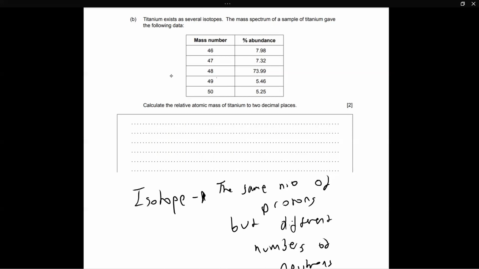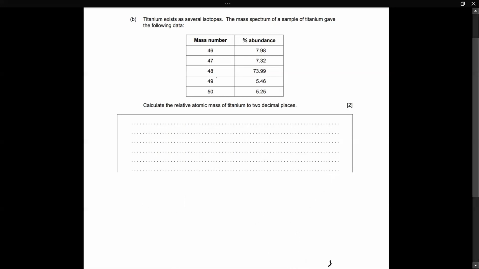It's most likely to be found, and it makes up the majority of the titanium found on Earth. Now, how do you determine the relative atomic mass using all of this information? Hopefully I've explained the terms and definitions well. How do you use this data to calculate the relative atomic mass?